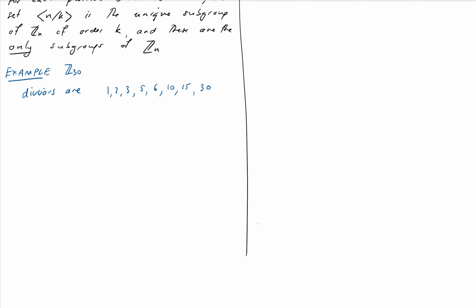The subgroup of order 1, let's put them underneath, is going to be 30 or 0. Don't forget we're mod 30, so we can do that. Subgroup of order 2 is that generated by 15. The only subgroup of order 3 is that generated by 10. The only subgroup of order 5 is that generated by 6. Only subgroup of order 6 is that generated by 5, etc., etc., and 1. So these are the only subgroups of Z30, and those are their orders. Okay, another example.